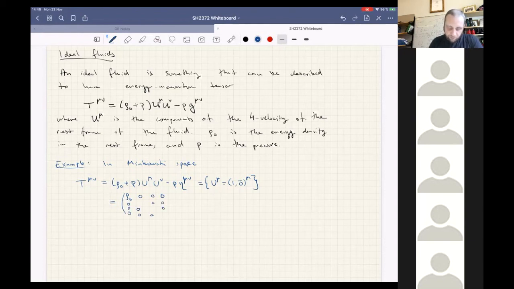And then we would have p in the spatial components. So that would mean that the energy density in this rest frame indeed would be rho zero. The stress tensor would be directly given by the pressure, with the pressure on the diagonal. And in the rest frame, of course, we also have no momentum, so the time-space mixed components will be 0. That motivates why we would call this an ideal fluid, and the interpretation of rho zero as the energy density in the rest frame of the fluid, and p as the pressure.